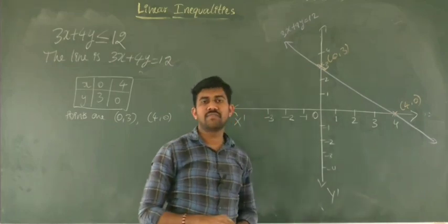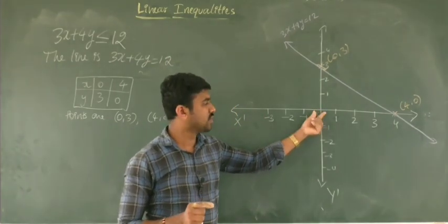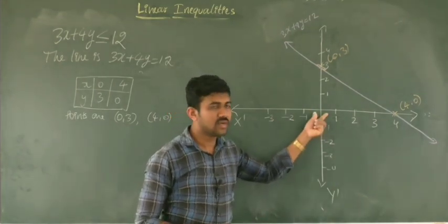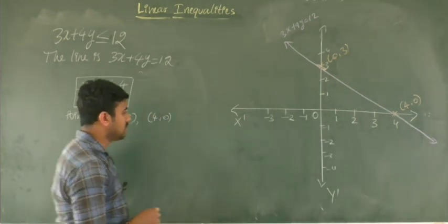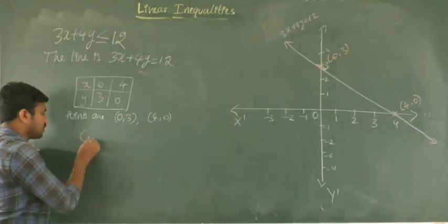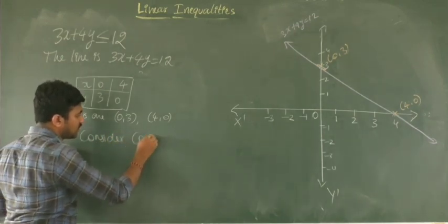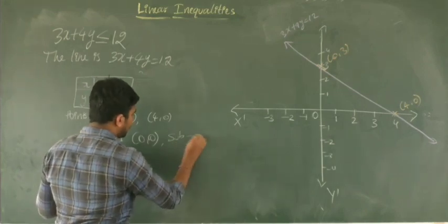After that, check whether (0, 0), the origin, lies in the solution region. Sorry, whether the origin lies on the line. No. So consider the origin and substitute in the given inequality.